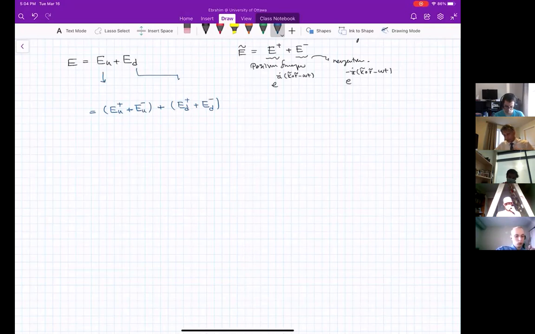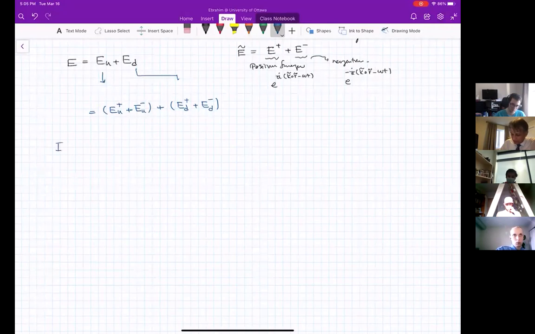Okay. Note, E plus is going with e power of minus i omega t. E minus goes with e power of i omega t. Okay, good. What's going on with irradiance or intensity? Simply, since each of those is a real quantity, now we are going with the product of them.